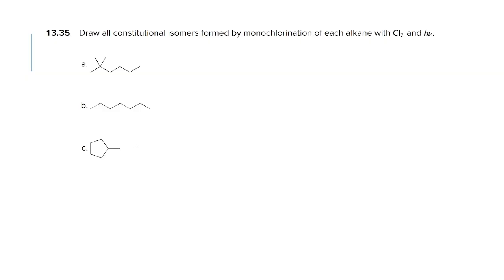So let's write the general reaction. Alkane and chlorine in the presence of UV light, we are going to chlorinate different positions. So let's find how many different hydrogens are on the molecule. Definitely this carbon has 3 hydrogens and this is the first type of hydrogens.